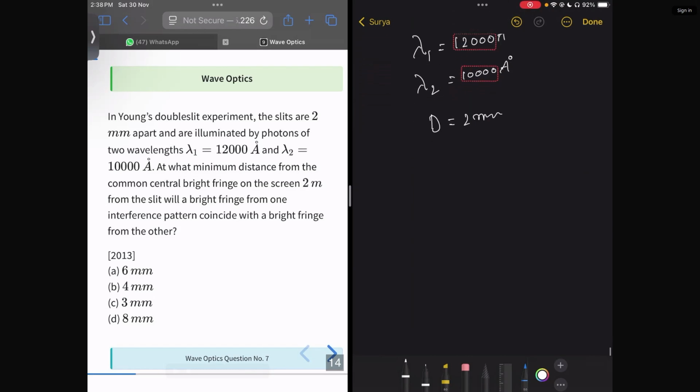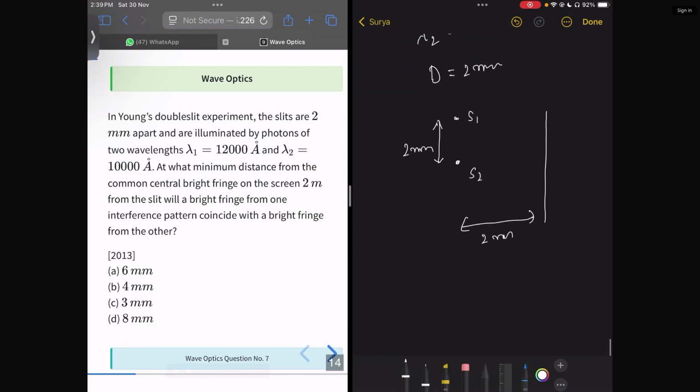So there is a slit here. There are two sources, S1 and S2, which are 2 mm apart, and the screen is at a 2 meter distance.